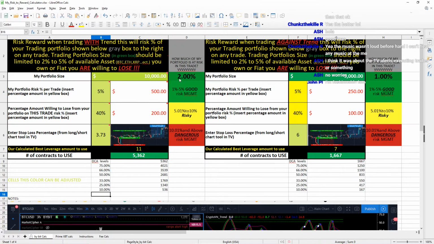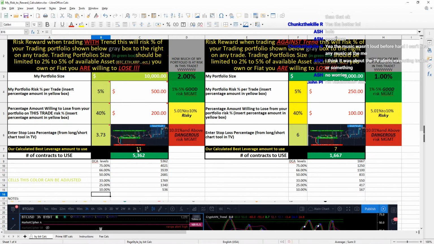but I've got this spreadsheet where it'll change colors for you. And these numbers over here, you can juggle them around, and I'll show you that also. So if you wanted to execute that trade I just showed you on the previous screen, with the stop loss 3.73 away on Bybit, this works for Bybit, or any exchange where you can control your leverage yourself.